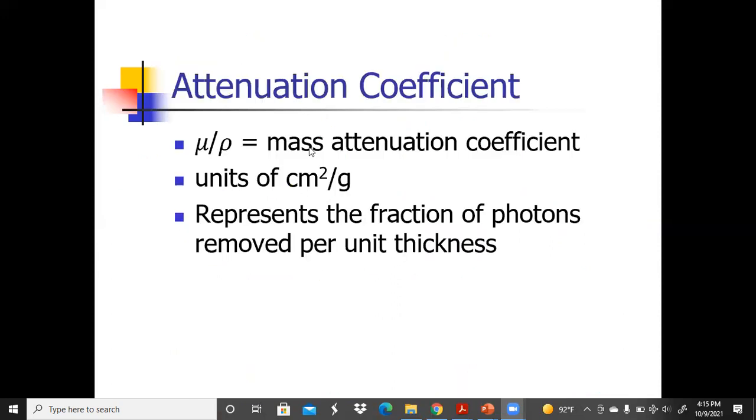So there we are. Again, the mass attenuation coefficient: if you divide by the density, then this is the units that you come up with, and it represents the fraction of photons removed per unit thickness.